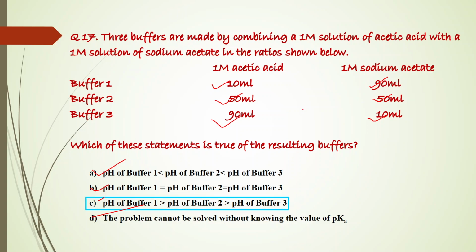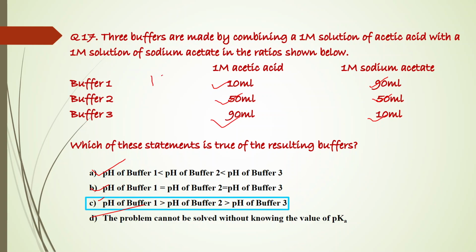So the correct answer for this is option C actually. I think all of you understood that the pH of the buffer would obviously be different in all cases, but whether the pH will be higher or lower is where you got confused, and most of you answered A. You actually do not require any mathematics to solve this question, because in all these cases you can see 10 ml and 90 ml, 50 ml and 50 ml, and 90 and 10.